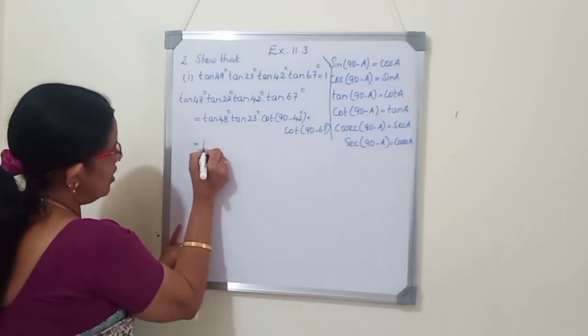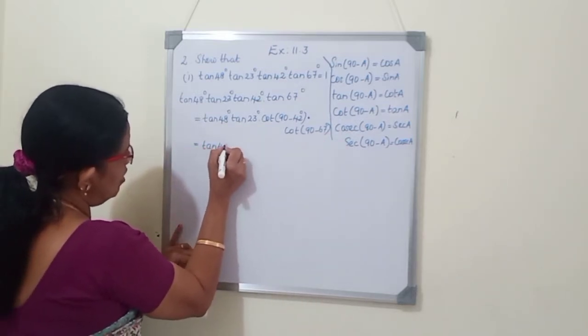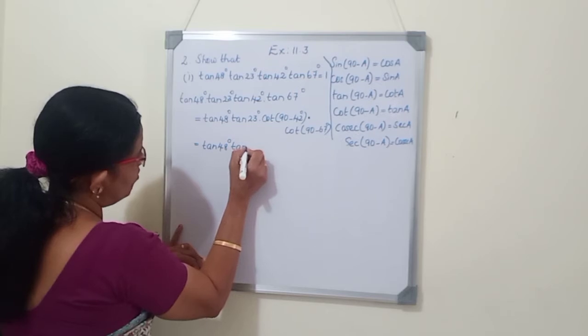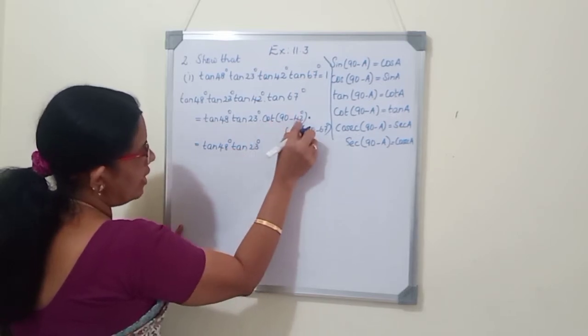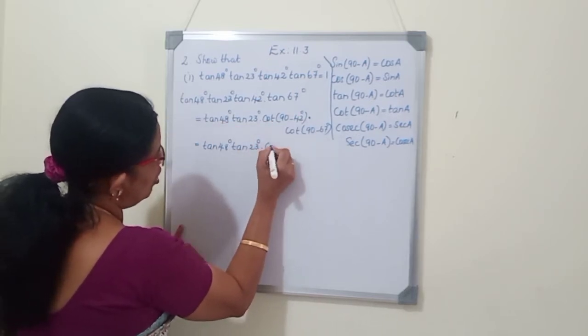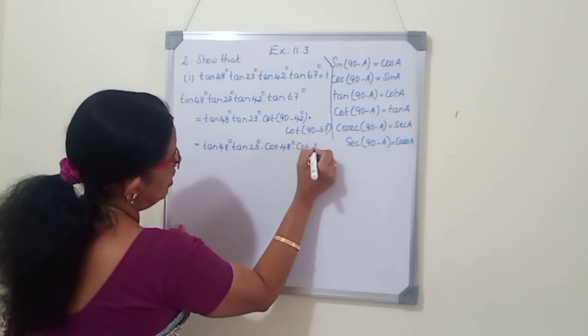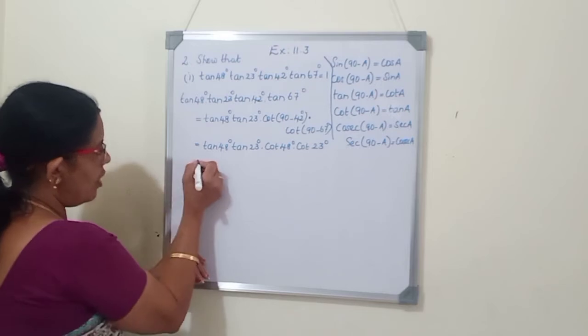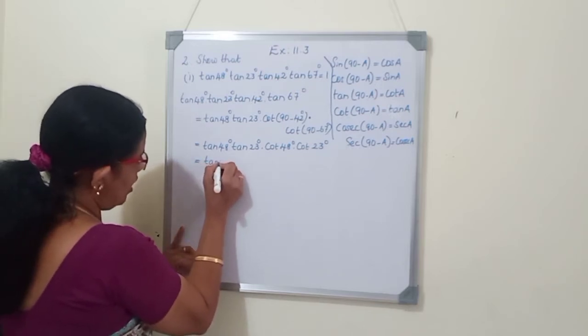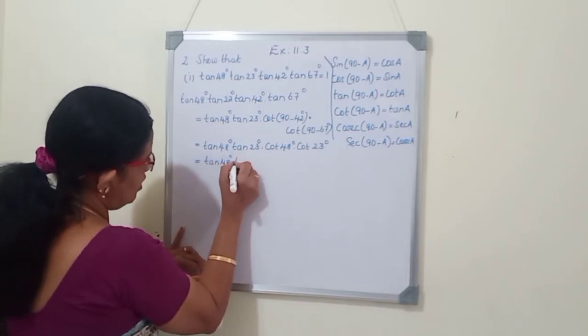Now tan 48 as it is, tan 23 degree, cot 90 minus 42, cot 48 degree, and this cot 23 degree.